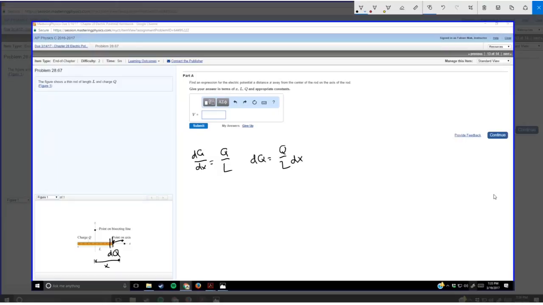So this separation, we'll call it d, is actually x minus L. I think that's right. x, yeah, minus L. So in other words, the little bit of voltage from this little charge dq is going to be k dq over x minus L. Kind of a pain.